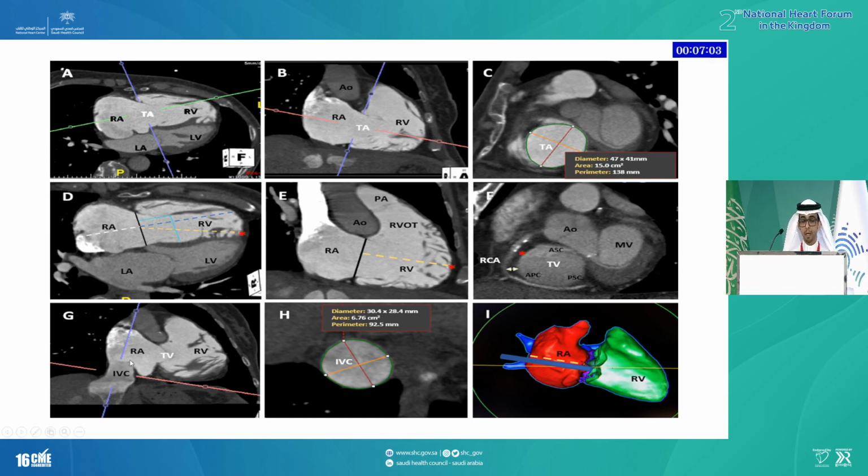For the tricuspid valve, by CT we can also assess the IVC to size the device, and also the SVC.